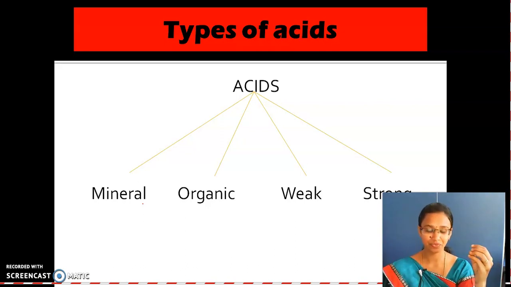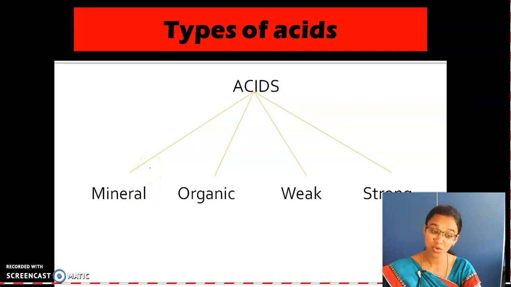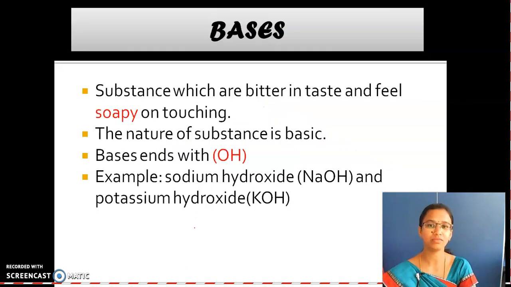Weak acids cannot dissociate anything, that means they cannot dissolve anything. And strong acids can dissociate everything. Example of weak acid is tartaric acid, and examples of strong acid are nitric acid and sulfuric acid.